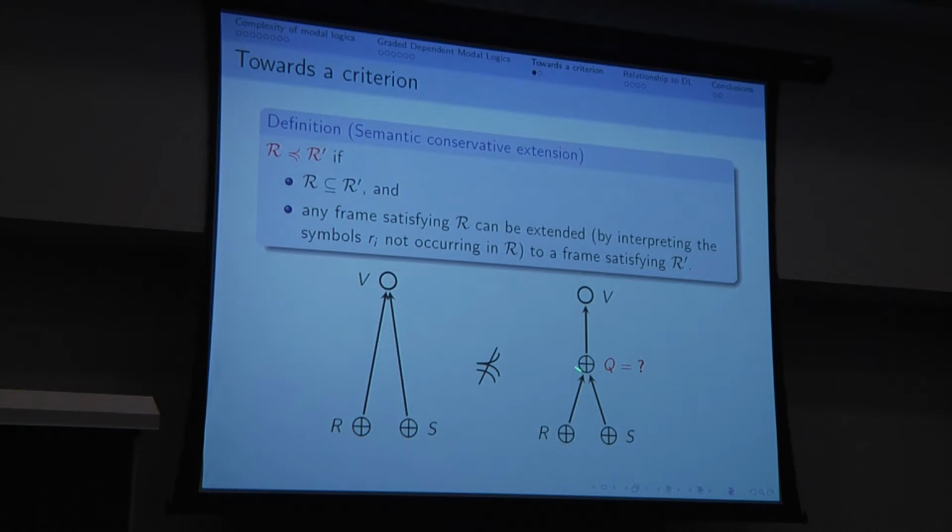Then you cannot insert a transitive relation that is in between R and S and V. Therefore, not every frame satisfying this can be extended to a frame satisfying this. Right? From the definition, it is not clear how we can check effectively that one RBox is a conservative extension of another one.